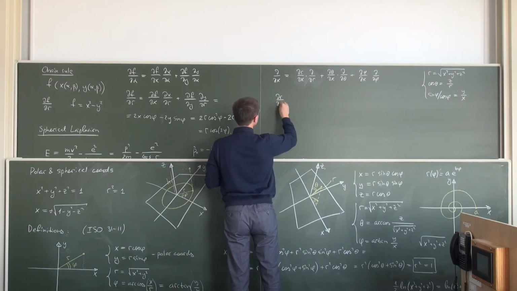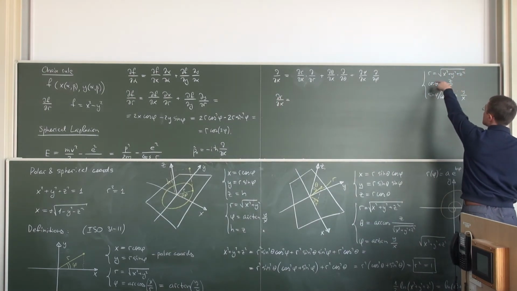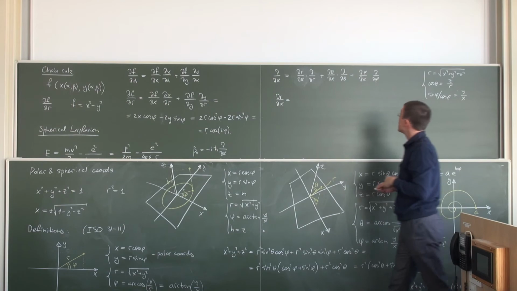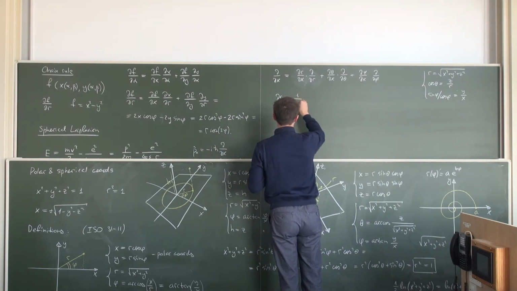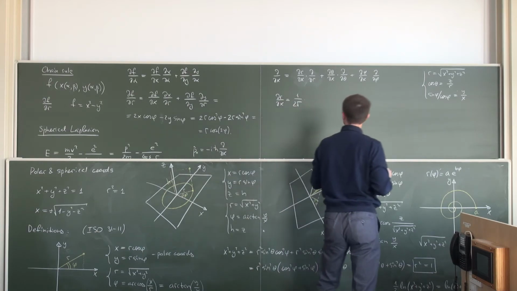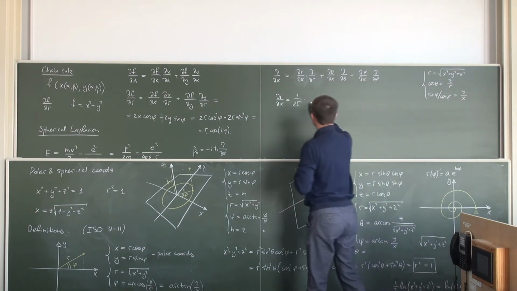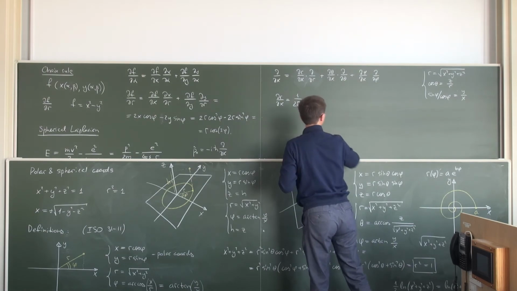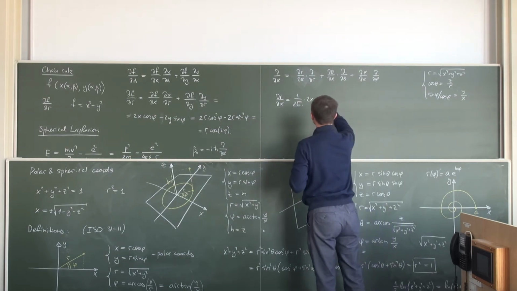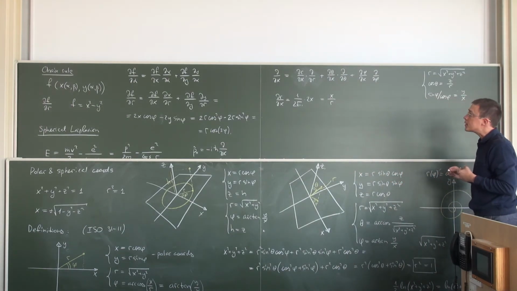Okay, so let us get ourselves dr by dx. dr by dx is going to be 1 over 2 root, and then the derivative of whatever occurs under this. So 1 over 2 root times the derivative of x squared with respect to x, so times 2x. Root is r, so we have x over r, and that is quite straightforward.